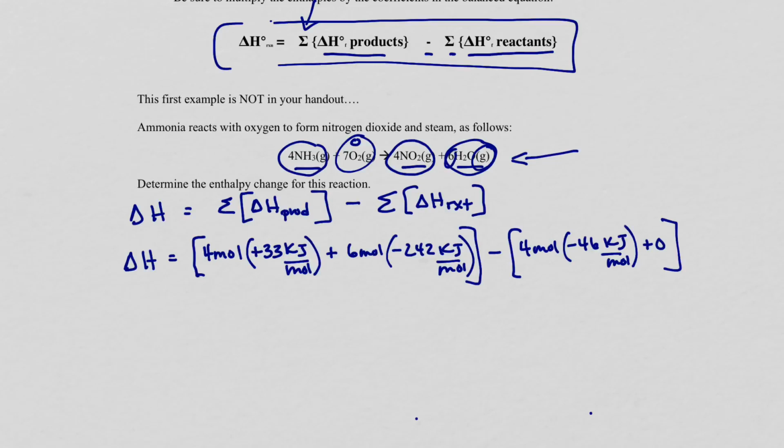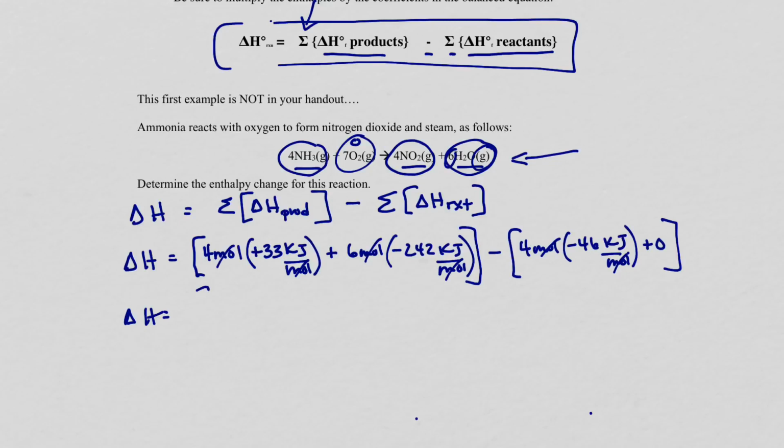So now it's just a matter of keeping track of the products, when you multiply these numbers and the signs on the numbers. So I'm going to be sort of deliberate as I work through this problem. First of all, these moles are going to cancel, so your unit is going to end up being in kilojoules. Slick.